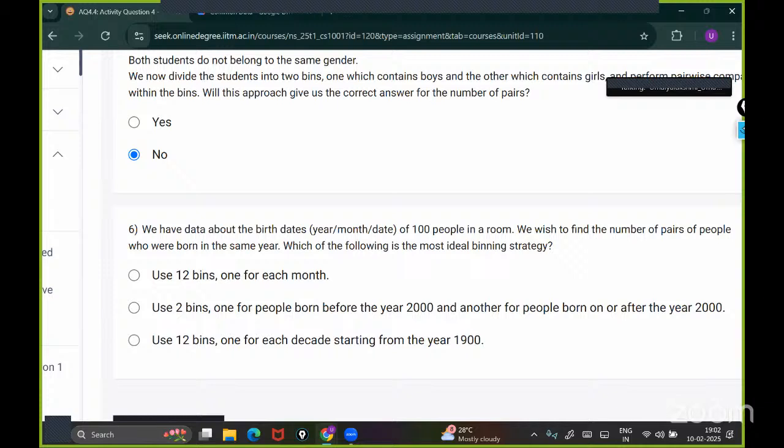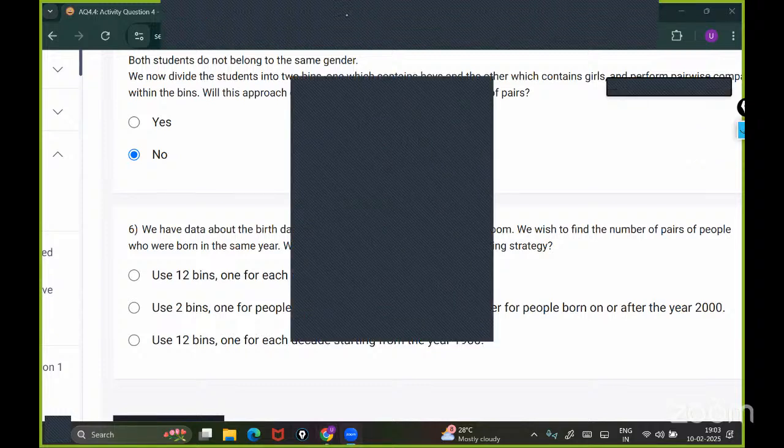So which would be the better binning? 12 bins for month, or 2 bins for born before 2000 and born on or after 2000, or bins for each decade starting from 1900. Which can be the better option? Second option.